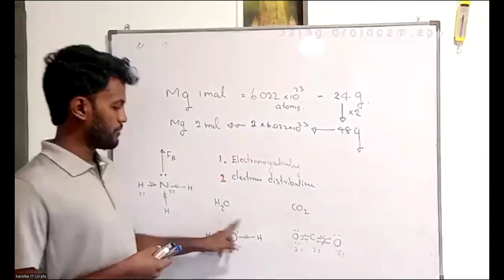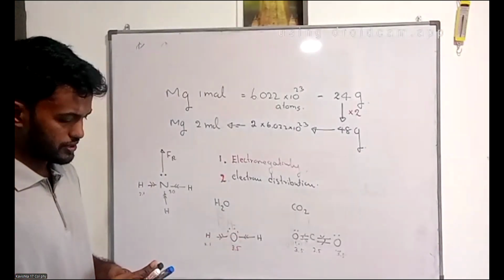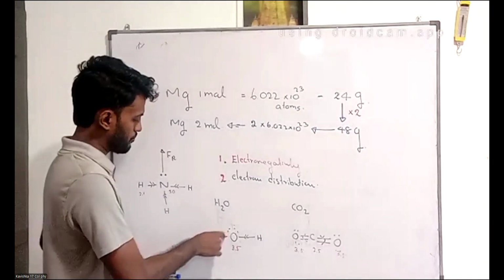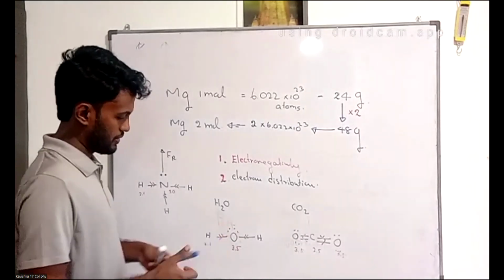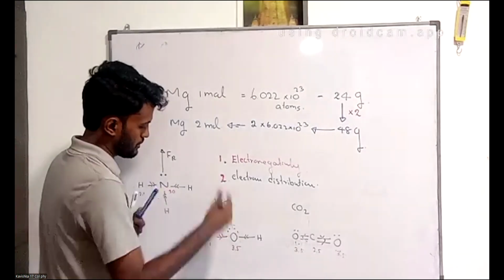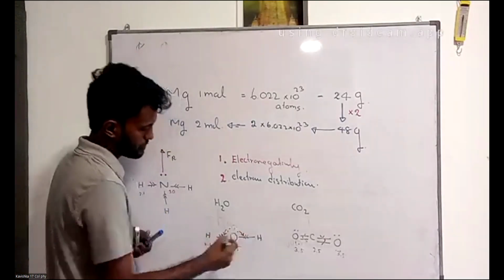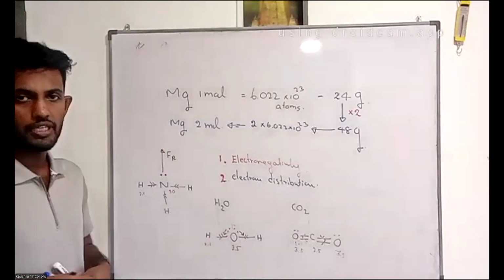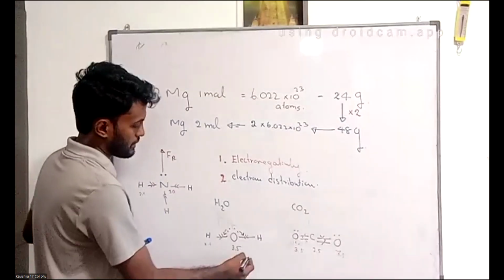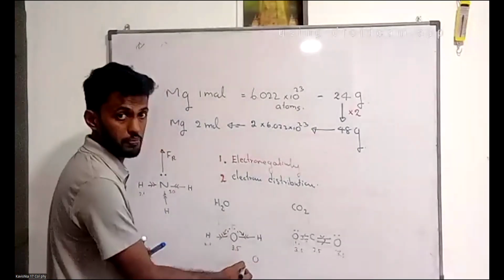But what happens in H2O is that these lone pairs repel these bonds. The bonds are electrons; they repel these bonded electrons. Then it gets a shape.